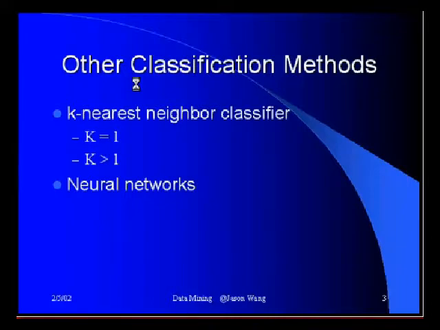Many objects do not have numerical values. For example, a DNA sequence is a character string. It's not a numerical value. So it's very difficult to feed this character string to neural networks, where we use mathematical formulas to calculate vectors and so on. So what we do is translate this character string into a vector first, and then feed the vector to the neural network. And that transformation is non-trivial, by the way. Translating a character string to a vector is non-trivial, and this process is often known as feature extraction.